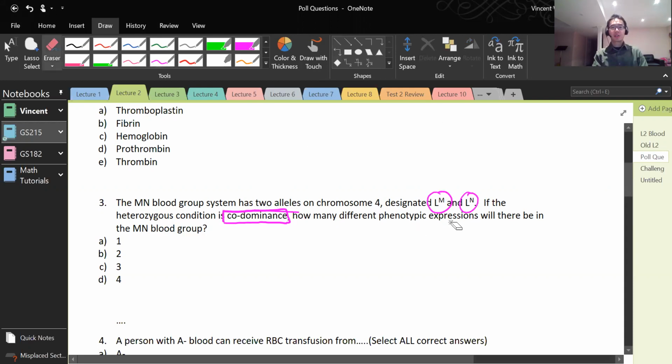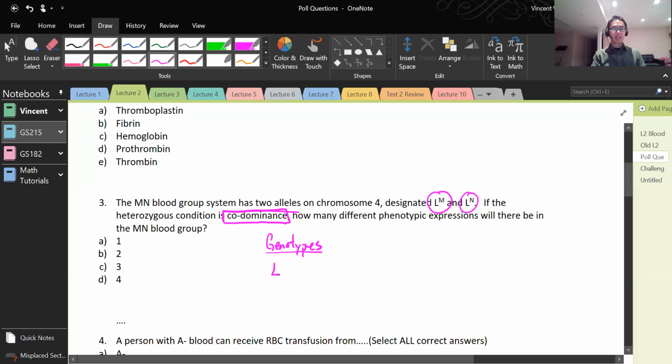How many different phenotypic expressions will there be in the MN blood group? Let's write out all the possible genotypes. How many genotypes will we have? How many genotypes for this MN blood group? I think someone says 2.